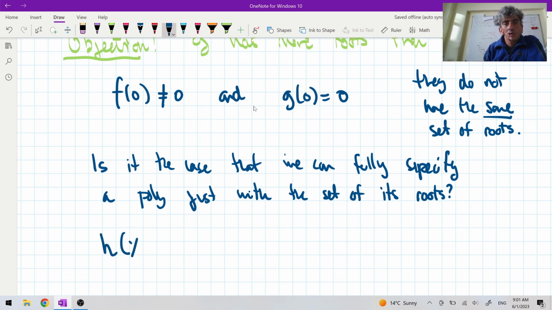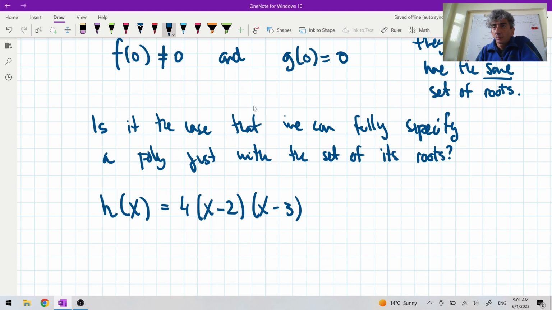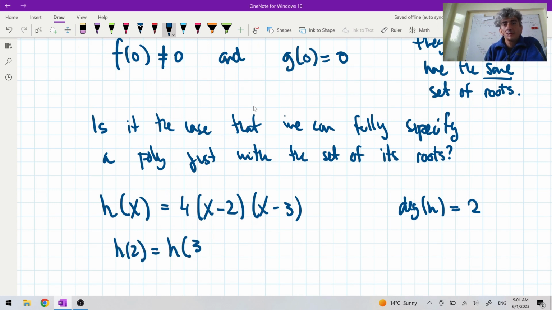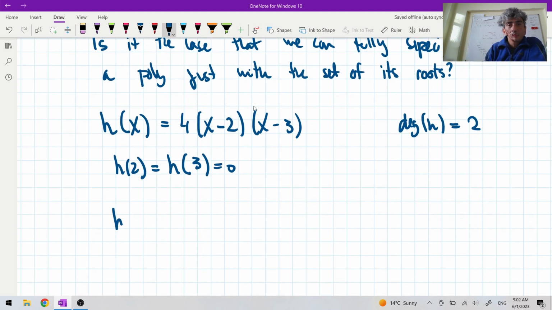Let's try h of x equals 4 times (x minus 2) times (x minus 3). In this case, take a look. The degree of h is also 2, right? h at 2 is 0, h at 3 is also 0. And when you multiply out all the factors, what you get is 4x squared minus 20x plus 24.